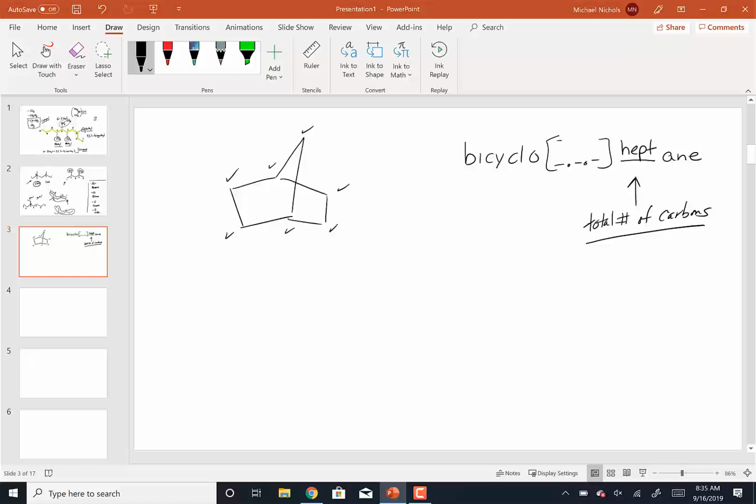Now, bicyclic compounds will have fusion points that make them bicyclic. That means 2 rings are fused together. So these carbons right here are the fusion points for the ring.